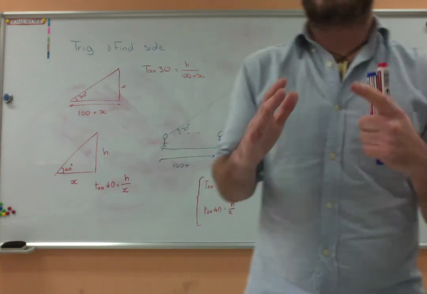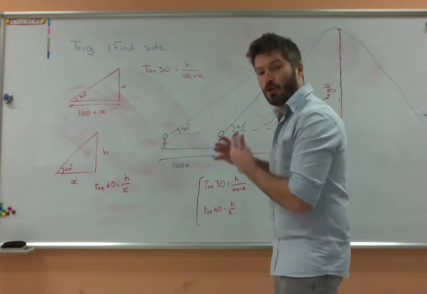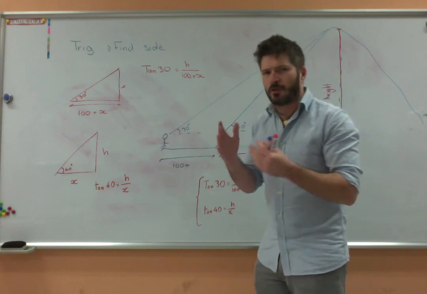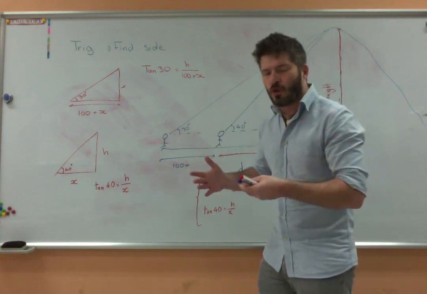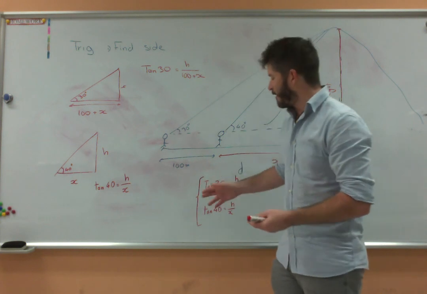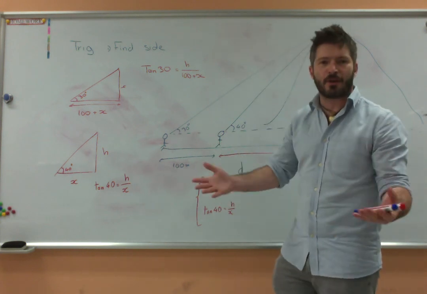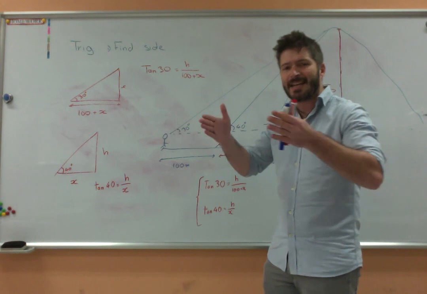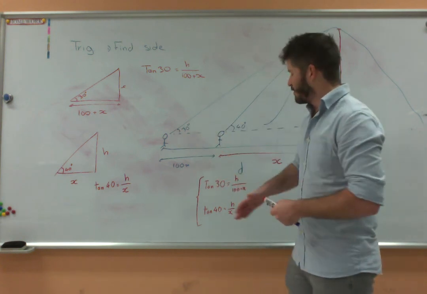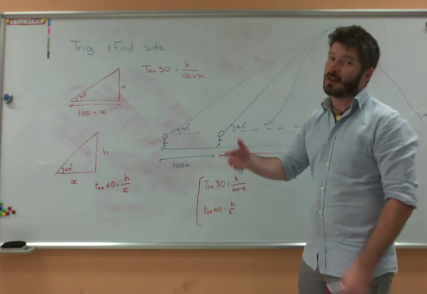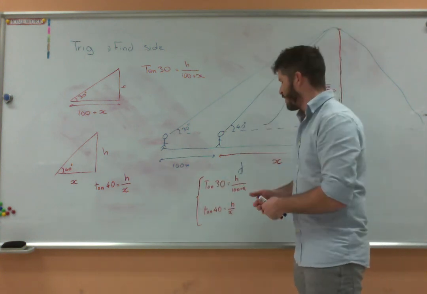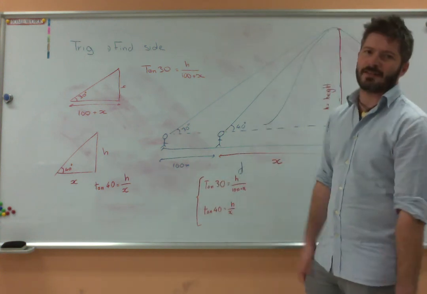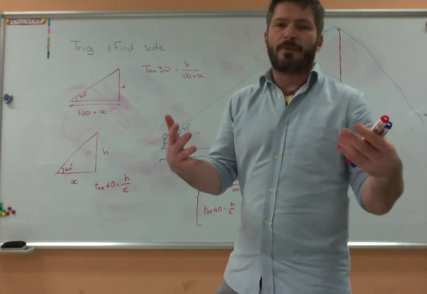You may say, oh, teacher, I don't know how to do it. This tangent 30 is confusing me. Well, what you could do, worst case scenario, is think of tangent 30 as a set value, because tangent 30 is a set value. So try to transform these two values, if you want, into decimals, round them, and then figure out what h and x are equal to, and then you have solved the problem.